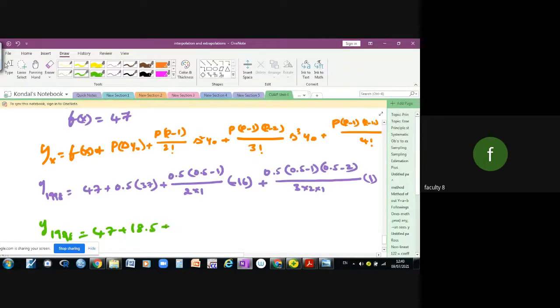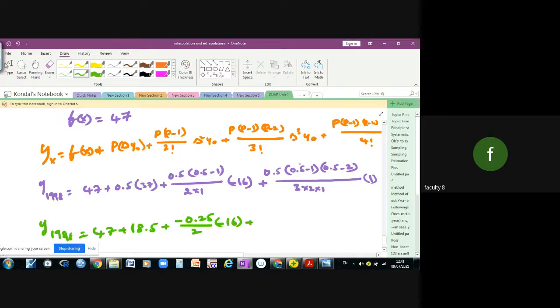18.5 plus here 0.5 into 0.5. So here simply we can calculate 0.5 into here. When you subtract this one, you will get 0.5, right? 0.5 into 0.5, how much? Minus 0.25. Minus only, here plus into minus, right? So here minus 0.25 divided by 2 into, plus here 0.5.